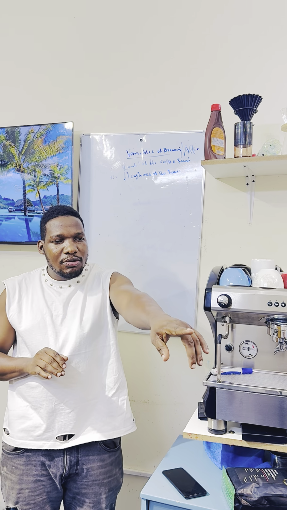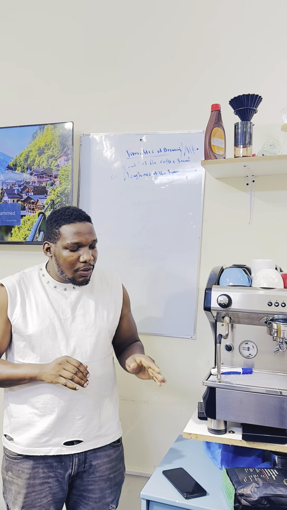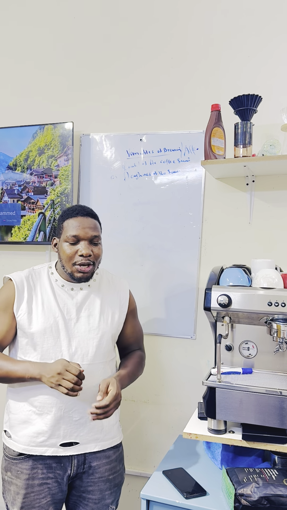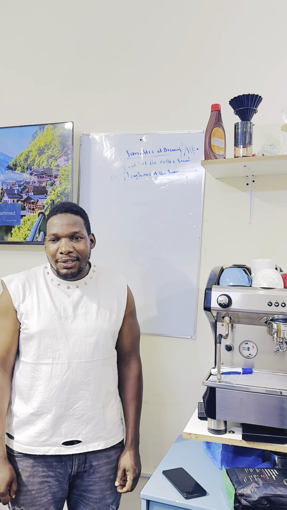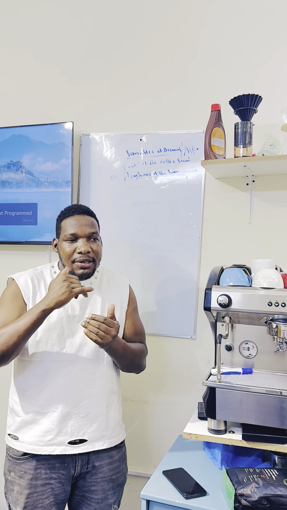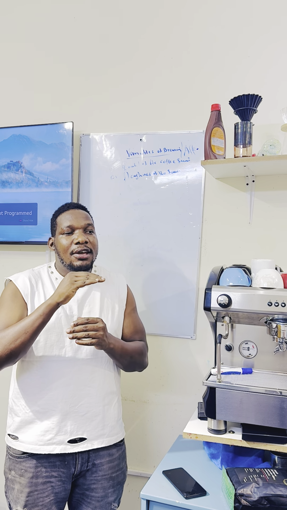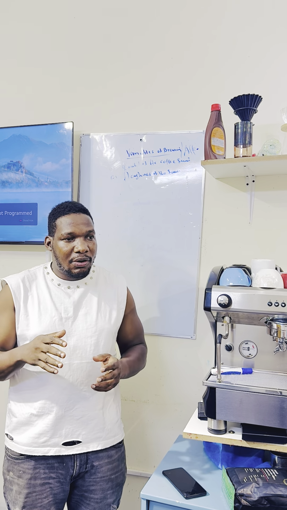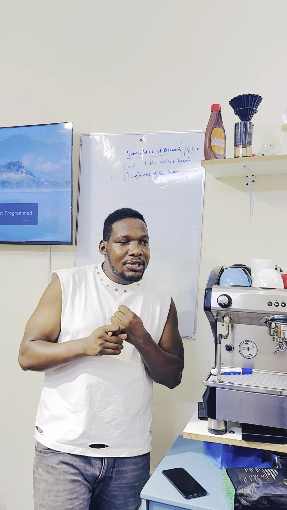But when it comes to brewing, what do you do? If the beans are super fresh, we just increase the temperature of the water. Instead of maybe 90 to 92, if the beans are super fresh, go to 94, 95, to fight the carbon dioxide gas as well as the acidity.